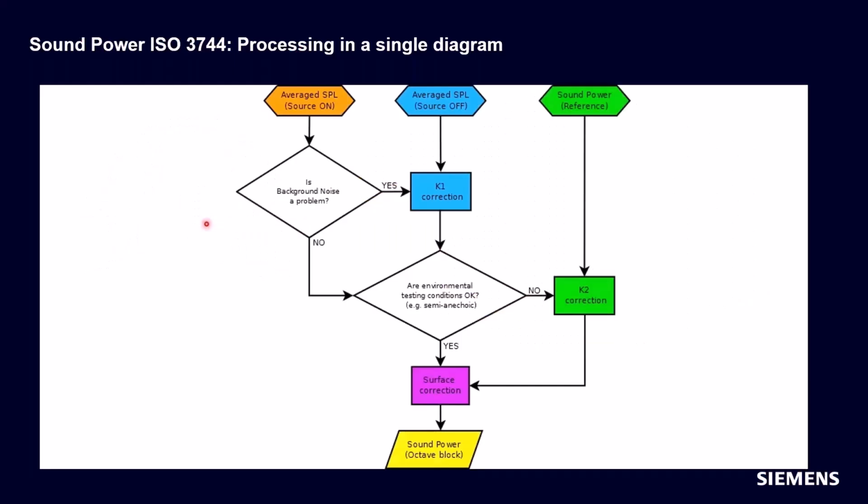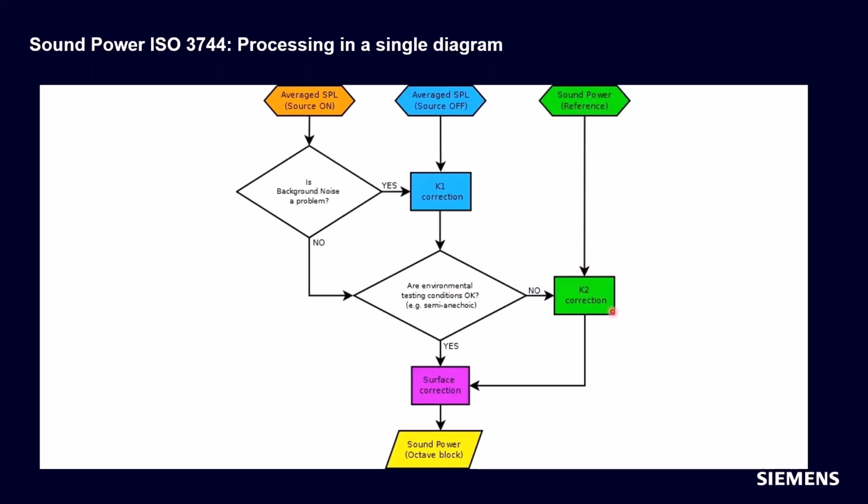If you think in terms of following ISO 3744, what you have to do is first measure some background noise with the source off. Source meaning whatever you are testing. When it is off, you measure that background noise, and then you apply the K1 correction factor. You also take a reference sound source, which generates a known amount of sound power, and do the measurement with that.